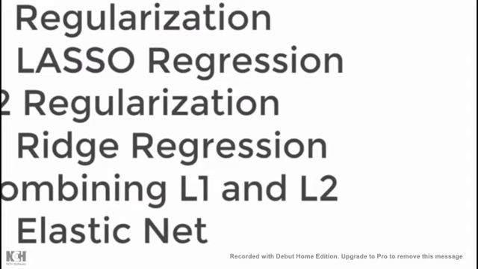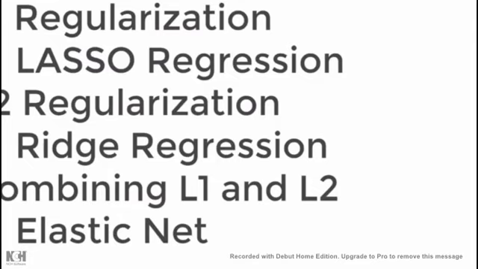Now, which one do we have to apply? L1 or L2 or L1 and L2, which one? We have to apply all 3 of them for the given data set. Three of them means doing the same model 3 times.